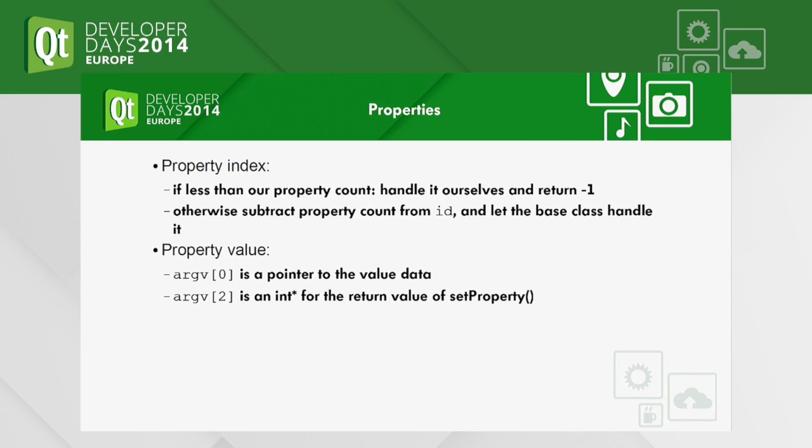If we are receiving the value, it's a pointer to just the value. And then the third entry, not the second one, is a pointer to an integer for the return value of said property. That's by default set to -1, which would evaluate to true, so you don't have to change that if your set property call always succeeds, otherwise you just have to set it to 0.